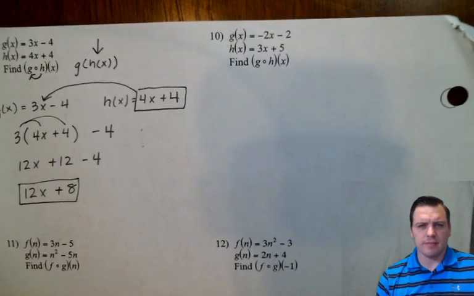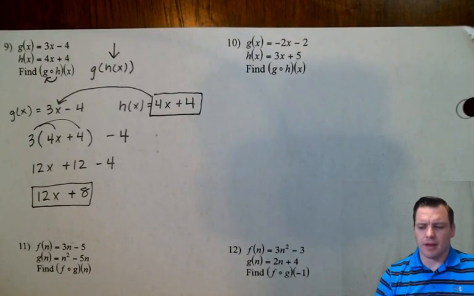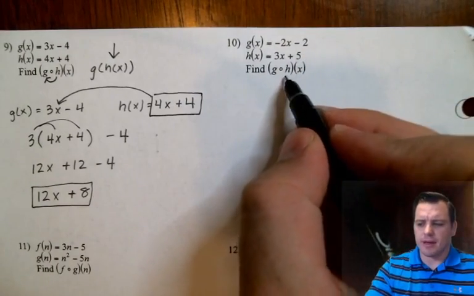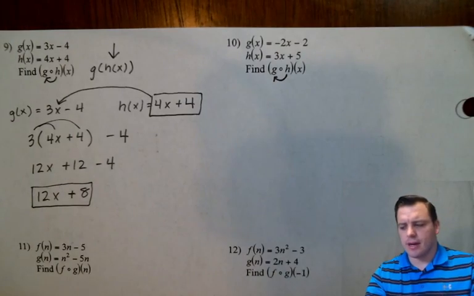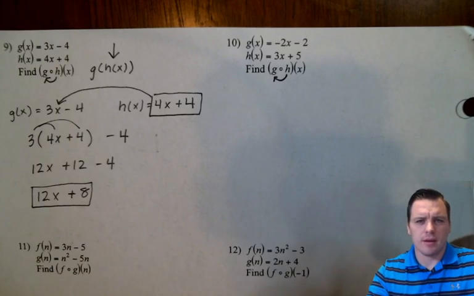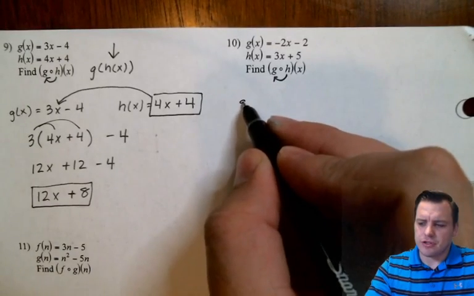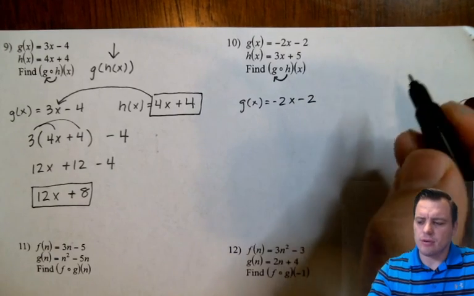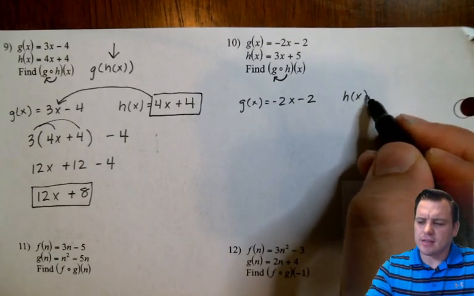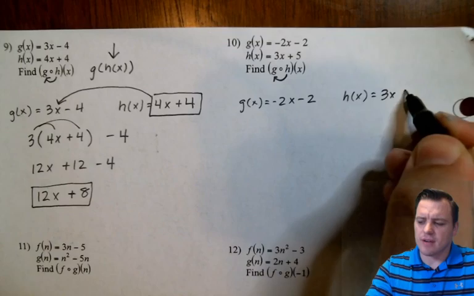Looking at number 10, same thing. Look at what we're doing. We're putting h into g. Putting h into g. Okay? So I have g of x is negative 2x minus 2. h of x is 3x plus 5.